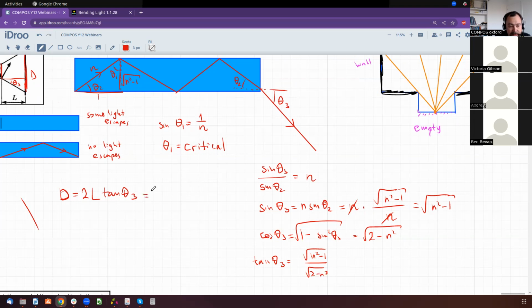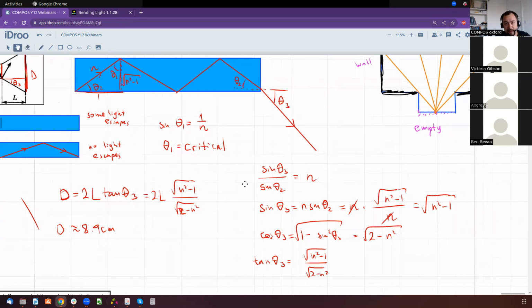And you sub that in, so 2L multiplied by the square root of n squared minus 1, over the square root of 2 minus n squared. Okay, and if we calculate that, the diameter of the bright spot should be approximately 8.9 centimeters.